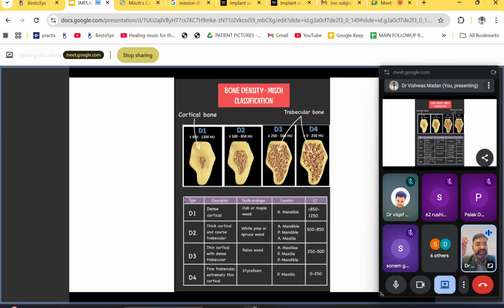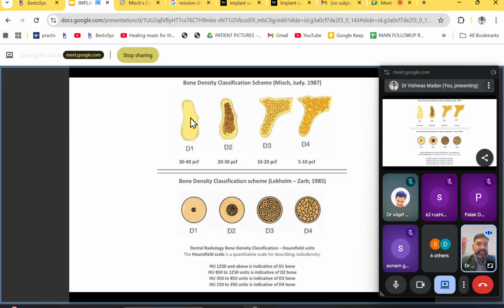We cannot always say that because D1 is more mineralized, it will be better. Okay. More mineral content means less blood supply. Less blood supply means less chances of healing because vascularity is not there for healing. Okay, so more resorption can occur in D1 type of bone than in D2 or D3 type of bone.